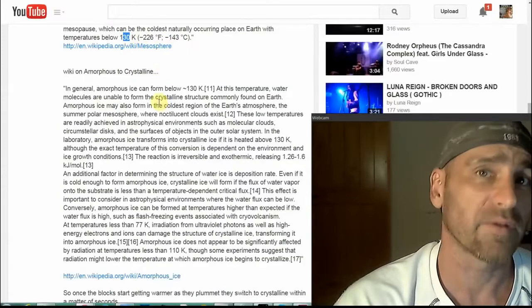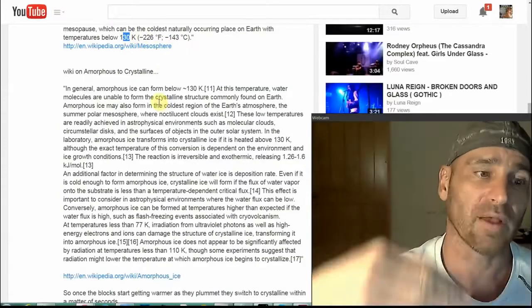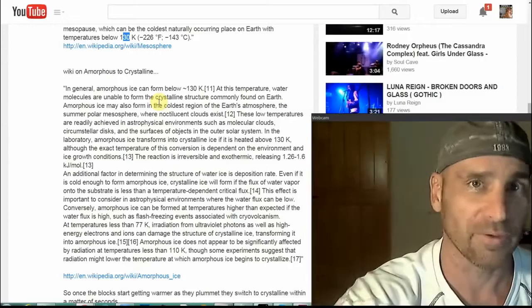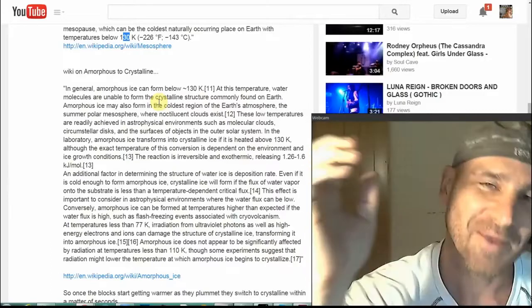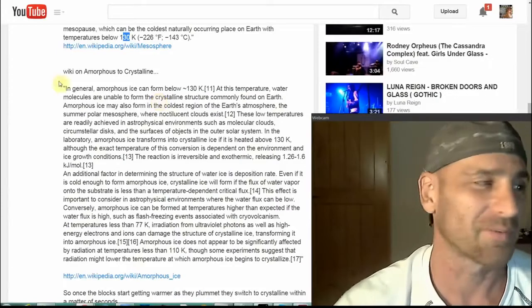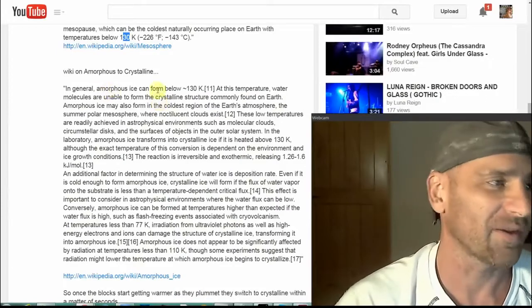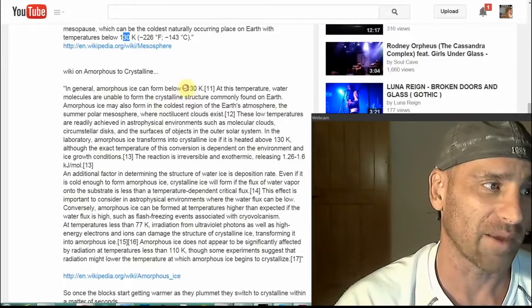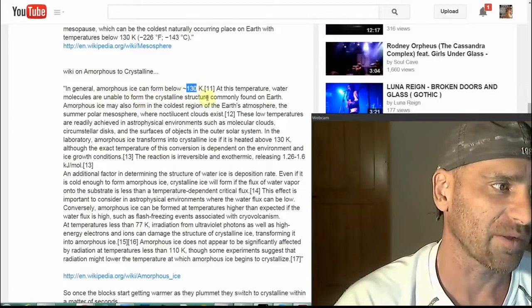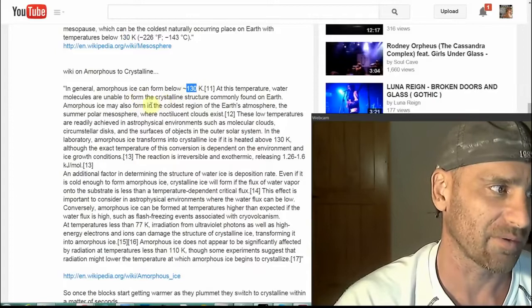So there's a transition. Ice can go from state to state. It can go from amorphous to crystalline, okay, based upon the temperature. In general, amorphous ice can form below minus 130 K. At this temperature, water molecules are unable to form the crystalline structure commonly found on Earth.